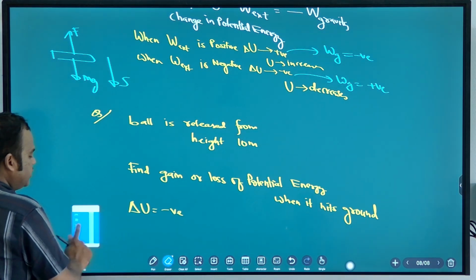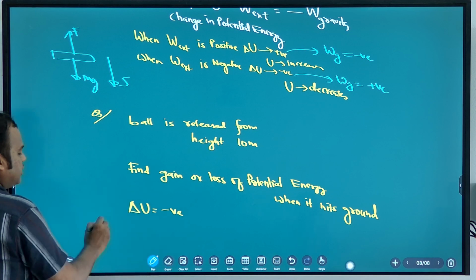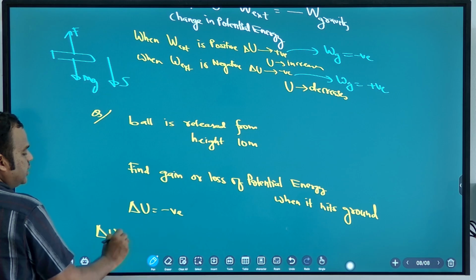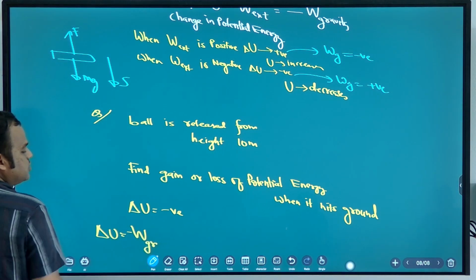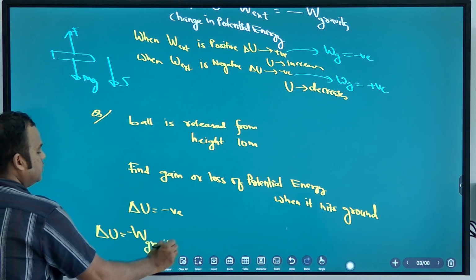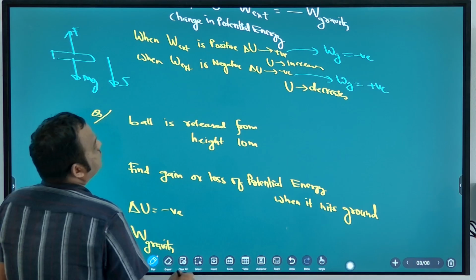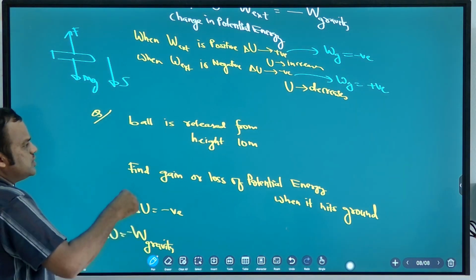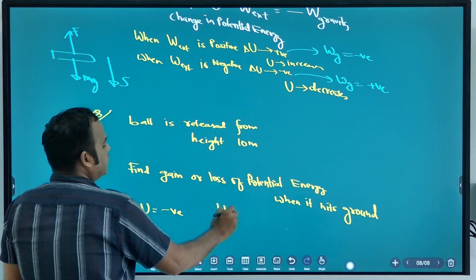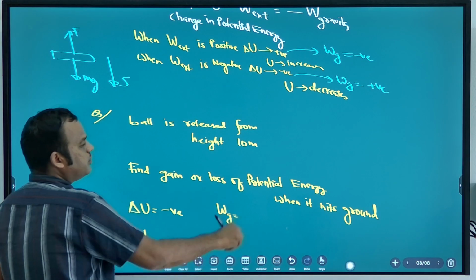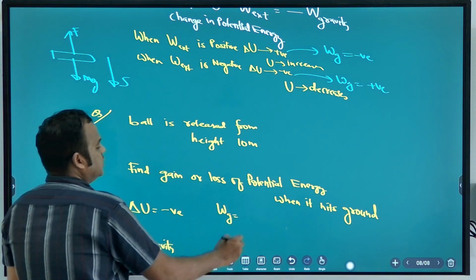So use the formula. What formula will you use? What is the delta U formula? Minus of work done by gravity. The ball is released from height h. So what is the work done by gravity? Plus mgh or minus mgh? Plus mgh.